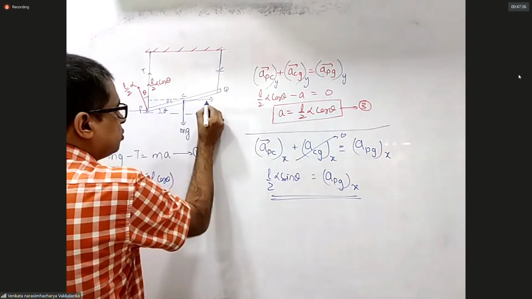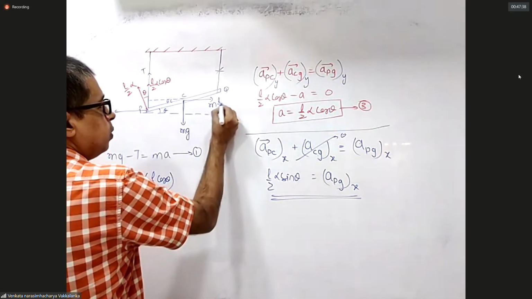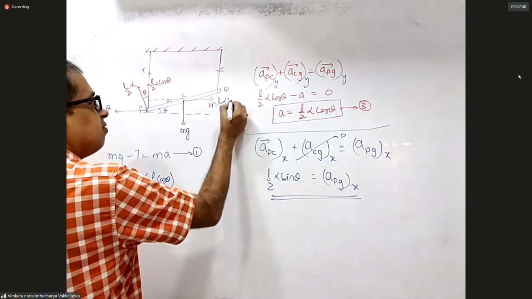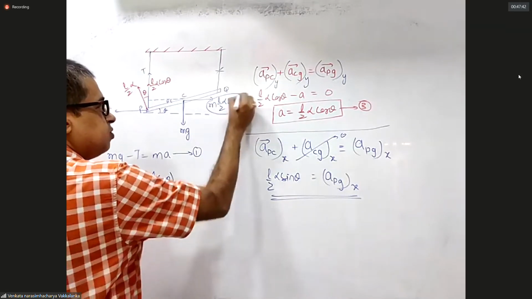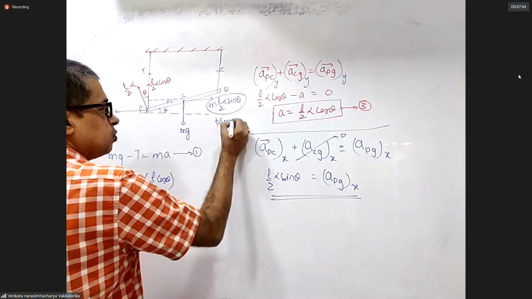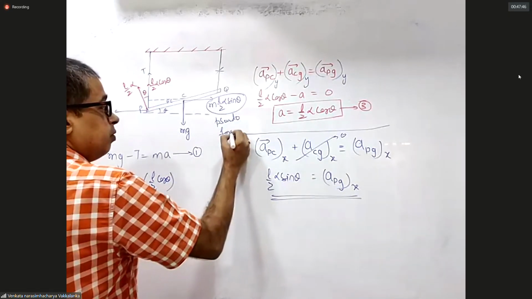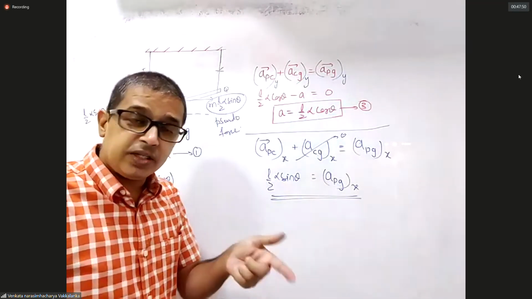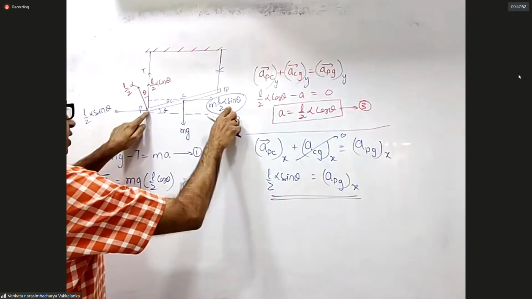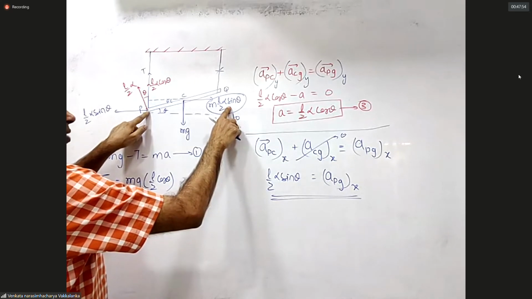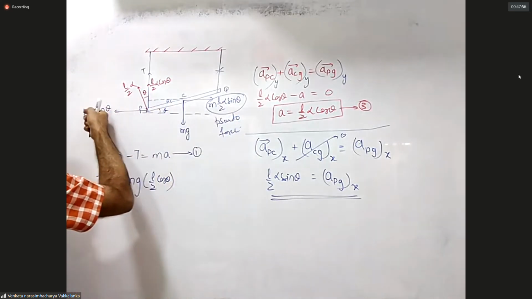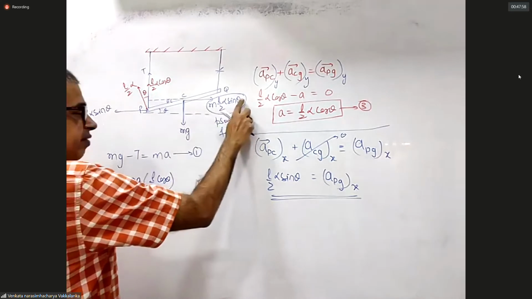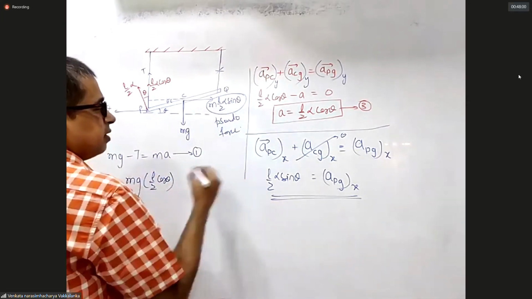You forgot the pseudo force, M into L by 2 alpha sin theta. This is called pseudo force. Where will you introduce pseudo force? Always on the center of mass. Which direction? Opposite to the direction of acceleration of the frame. So if this has an acceleration this way, this will have acceleration to the right.